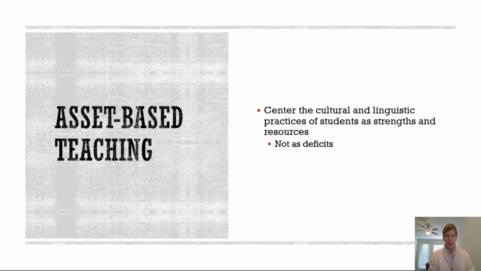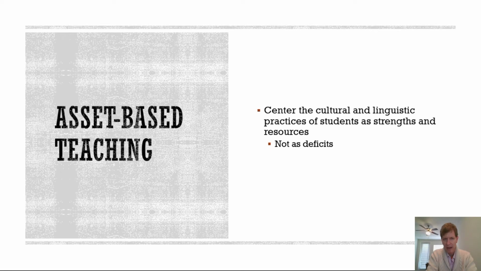You want to be asset-based and not deficit-based in your instruction. The difference is, for instance, let's take the example of a student whose first language is Spanish. The deficit model is to say a bunch of negative stereotyped things about people who speak Spanish as their home language, and you don't draw upon that as any kind of strength whatsoever.